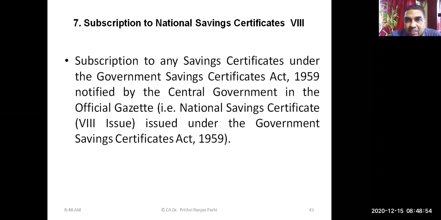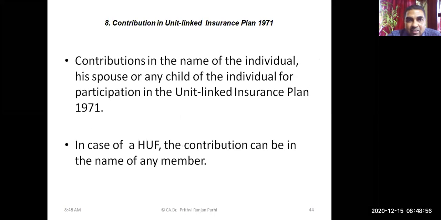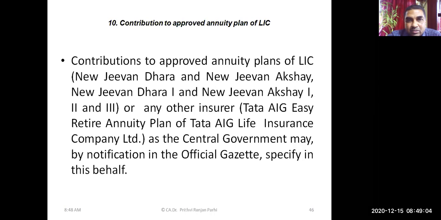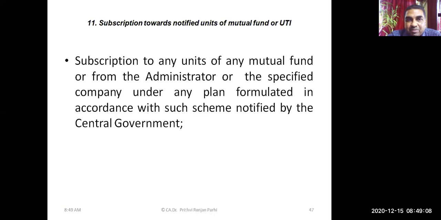National Savings Certificate. Then unit linked insurance plan. Unit linked insurance plan of LIC mutual funds. Contribution to approved annuity plan of LIC. Subscription towards notified units of mutual funds of UTI.